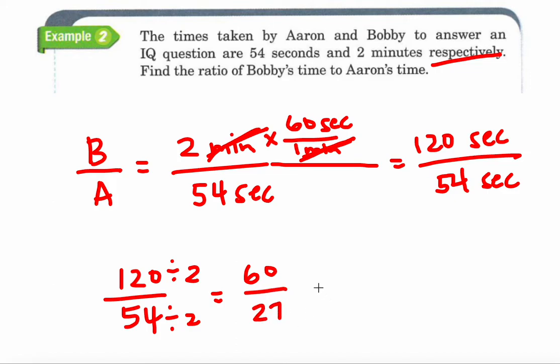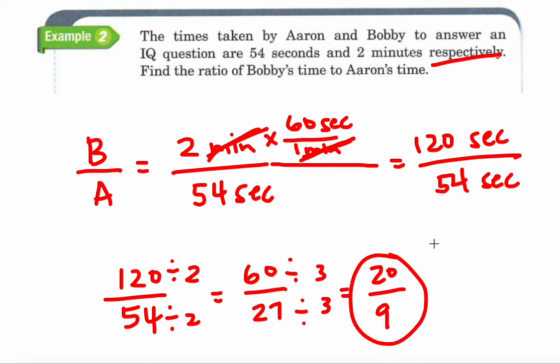Okay, can we reduce that anymore? Maybe by 3. They might be both reducible by 3. 3 times 20 will get me to 60. 3 times 9 will get me to 27. And then I think that's it. So the ratio of Bobby's time to Aaron's time would be 20 to 9.